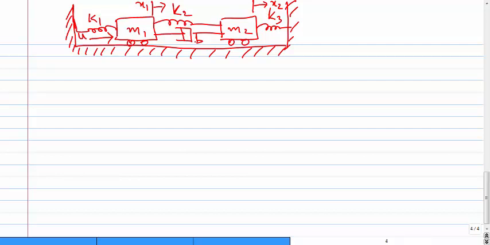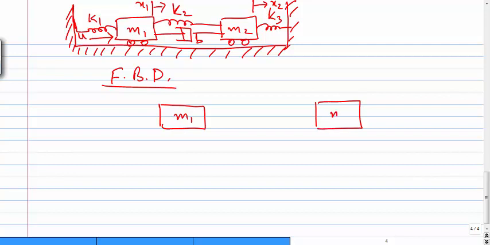Okay, now how do we write the equations for this system? What we do here is make a free body diagram so that we can understand what the forces are and how they work. So for example, here mass 1, here mass 2. Now if we look at mass 1, there's an applied force in this direction, so all the other forces must be in the opposite direction.